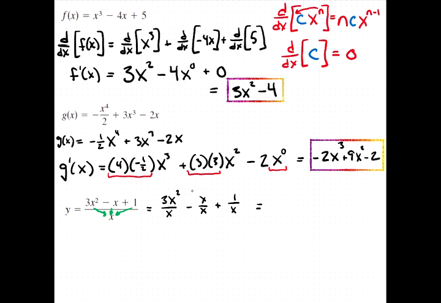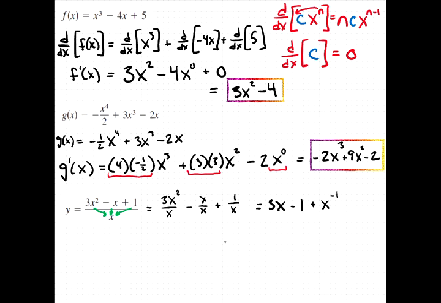And so if we simplify this and write it in a form that aligns with the power rule, so x to a power, in this first term, 1 x will cancel, so that's a 3x, minus x over x, which is 1, plus 1 over x, which is x to the negative first power.